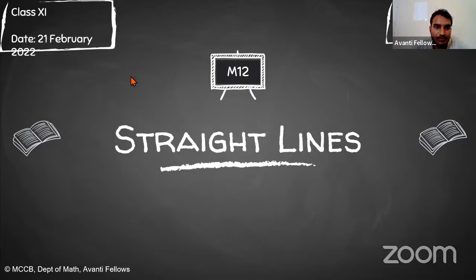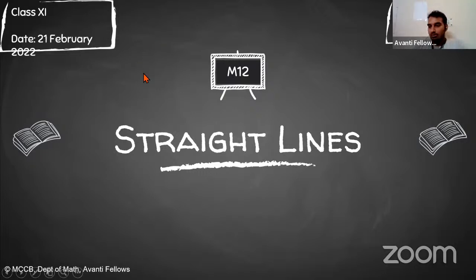And if you want to find the bisector of the region where a certain point P is lying, put the point in line 1 and in line 2, take L1P into L2P, and whatever the sign is, the bisector equation with the same sign will give you the required bisector of the region. Is this clear? Is there any doubt, student?